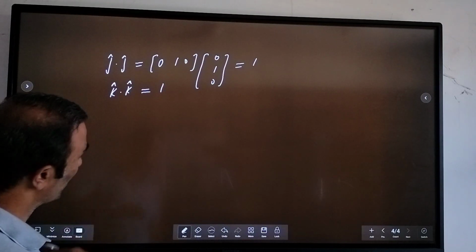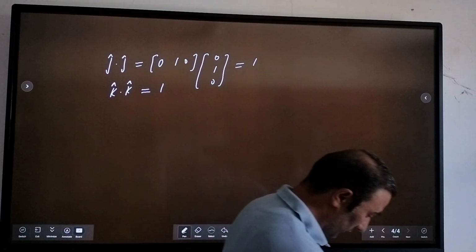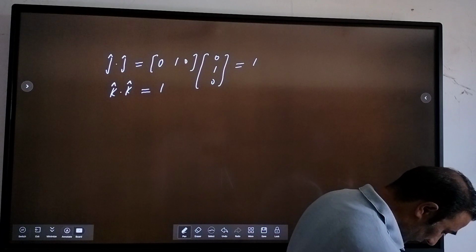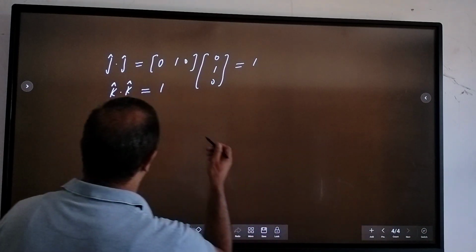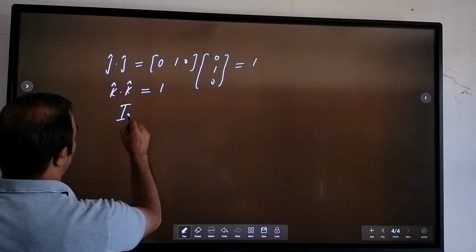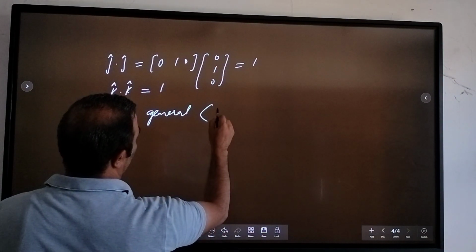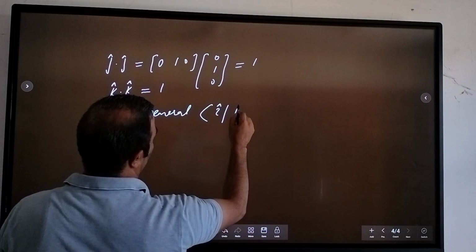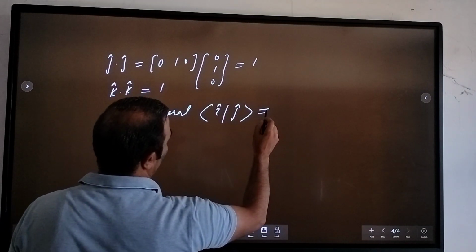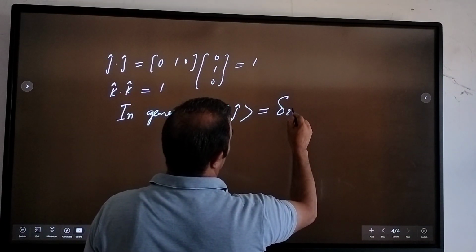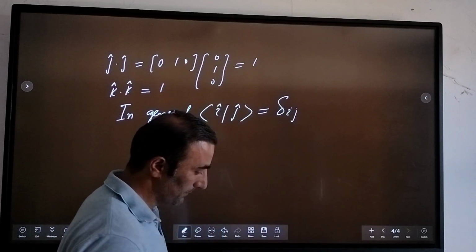Or you can write this in general: i dot j equals delta ij.